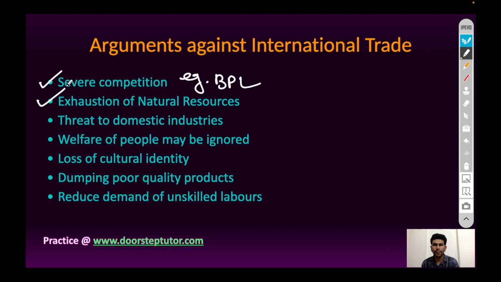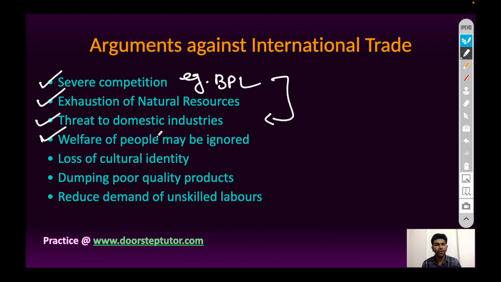Natural resources are limited, but to earn profit, people have started exhausting the natural resources. Threat to domestic industries. As we have discussed, competition destroys the domestic industries. For example, when Amazon started dealing in India, the small retail traders went out of the market.